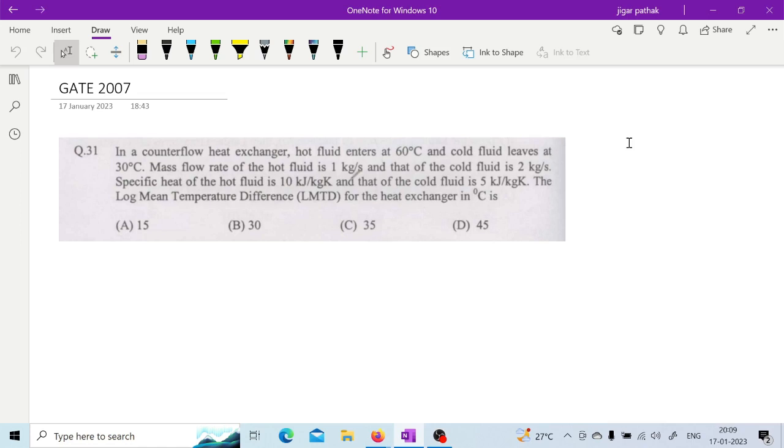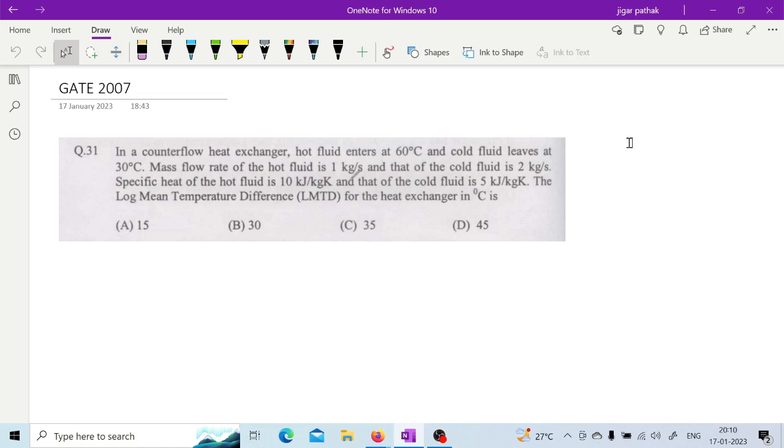The log mean temperature difference for the heat exchanger: I guess you can calculate this. Please go ahead and calculate. Is it 30? Yes, correct.